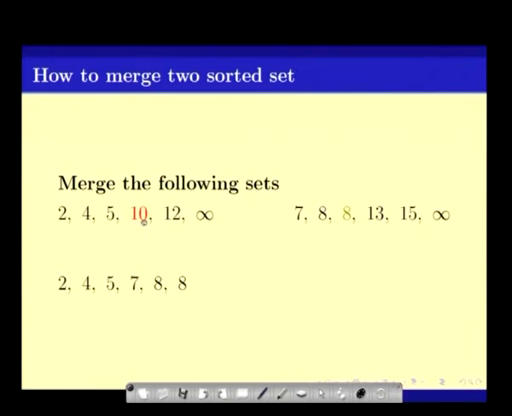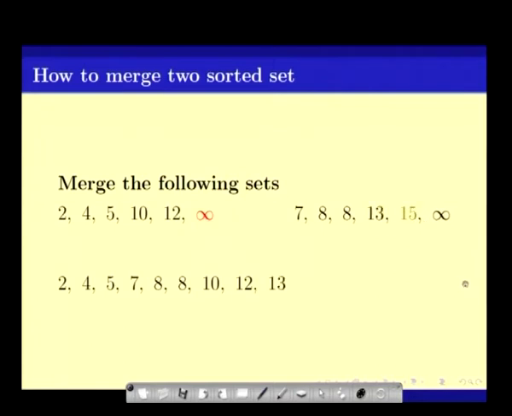Now we compare 10 with 13, we find that 10 is smaller, we output 10, and we move our left marker from 10 to 12. We compare 12 with 13, 12 is less, we output 12, and we move our marker from 12 to infinity. Now we compare 13 with infinity, and 13 is smaller.